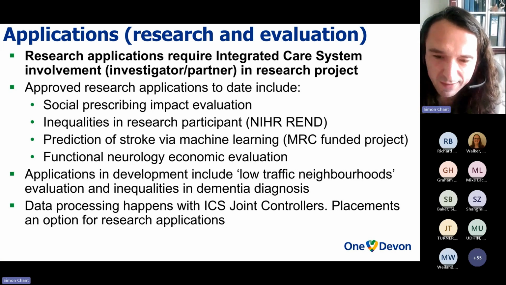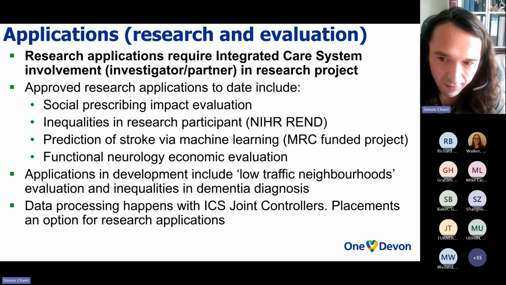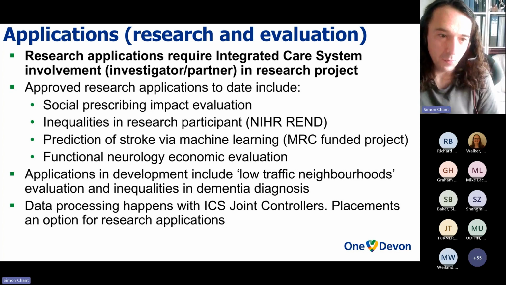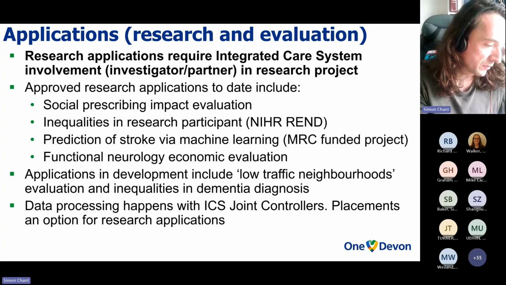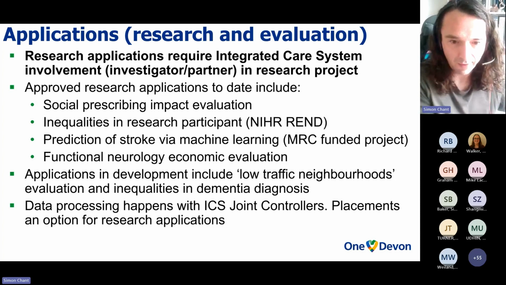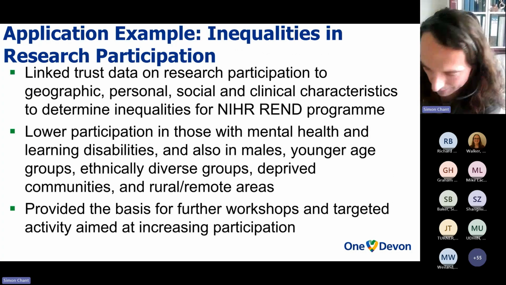And with these, the data processing happens within those integrated care system joint controllers, but we're currently developing those placement options as a way of bringing in staff and expertise to work on these projects across local partnerships. So that's something else which is very active in our world at the minute.